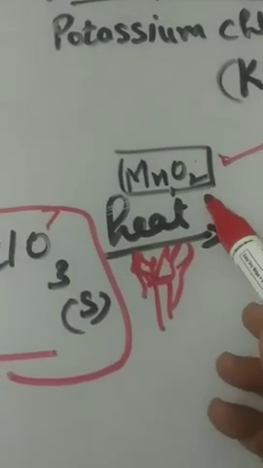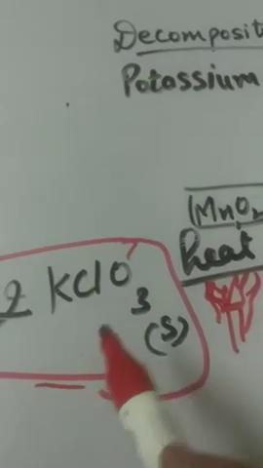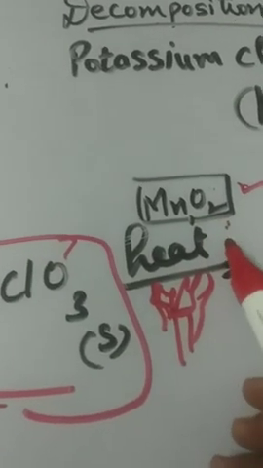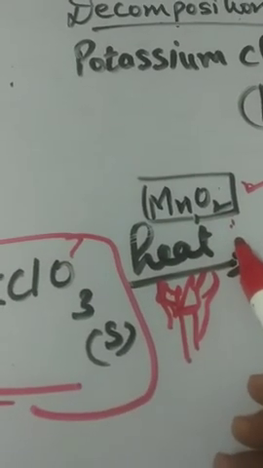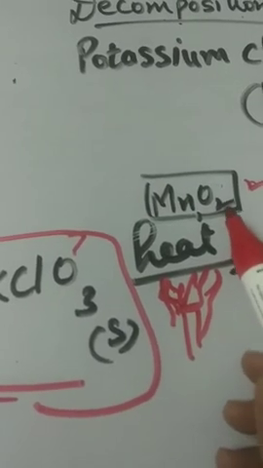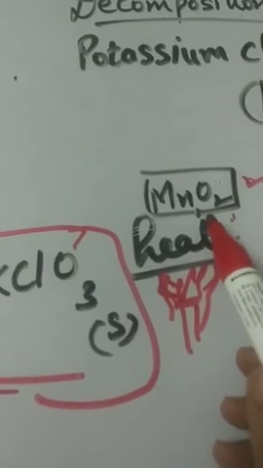And about manganese dioxide, we know it is a black colored substance. Before putting potassium chlorate, we have to heat manganese dioxide so that the carbon from this catalyst totally evaporates after heating.